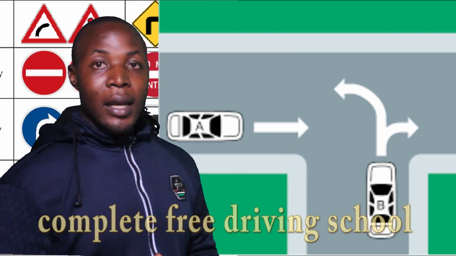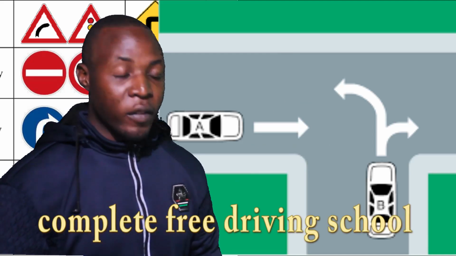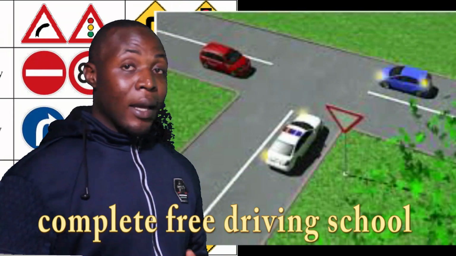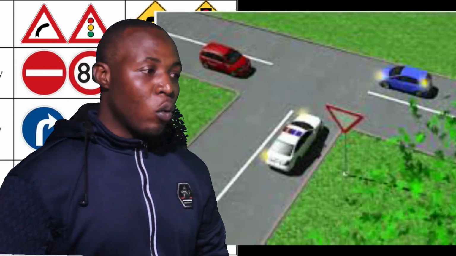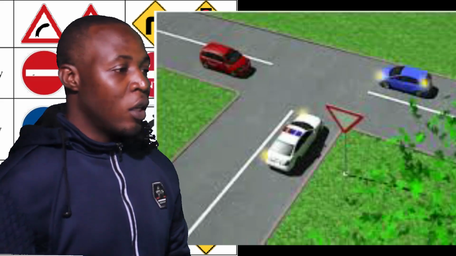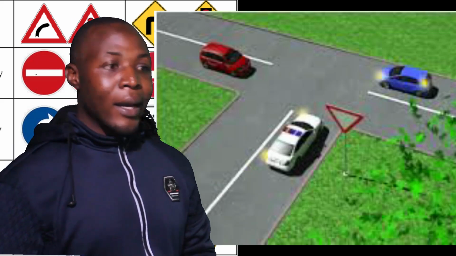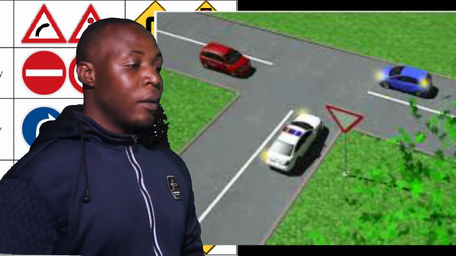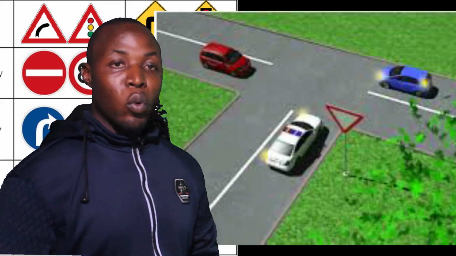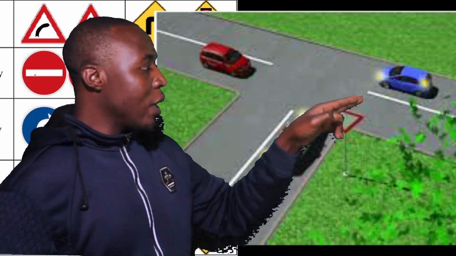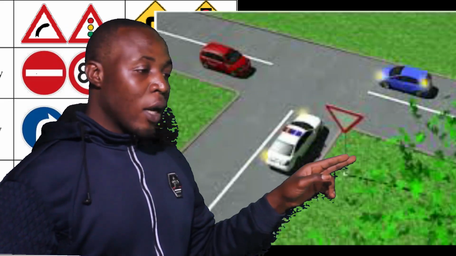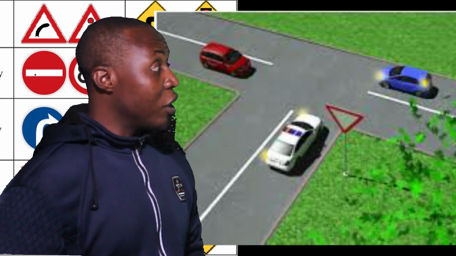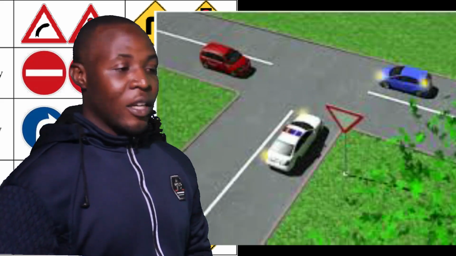So let's look at another shape, or another example, of a T-junction. This is the structure of what we call a T-junction. We see the white car, the red car, and the blue car. The blue car is going out of the T-junction, or wants to change direction, looking for the trafficator.